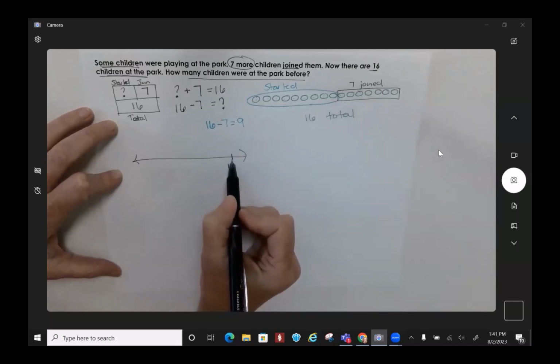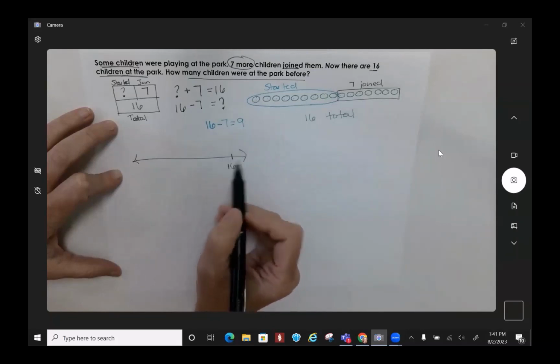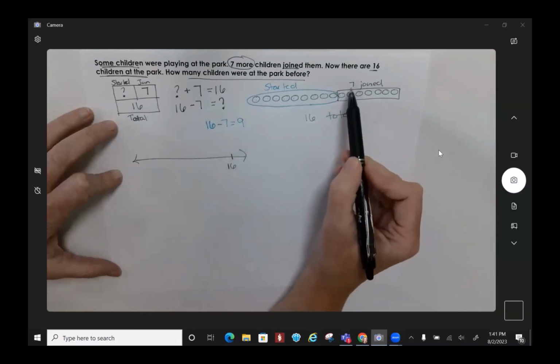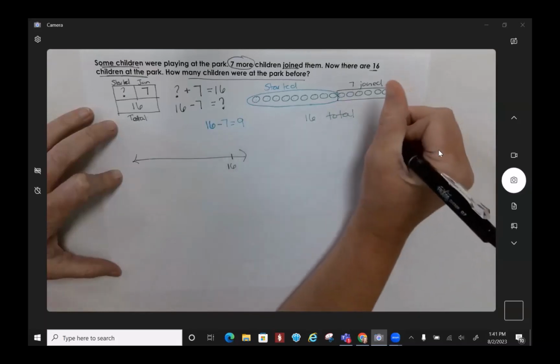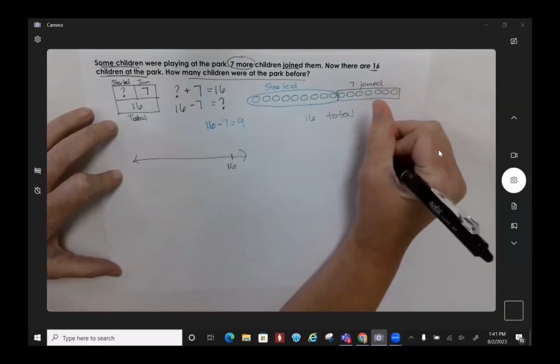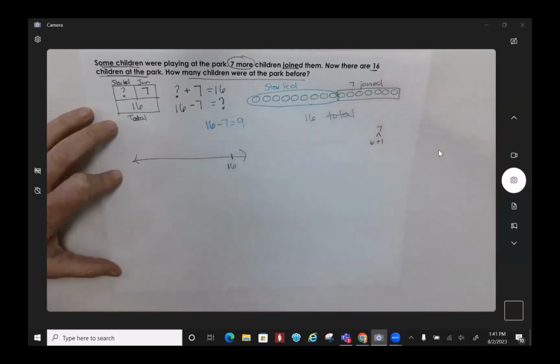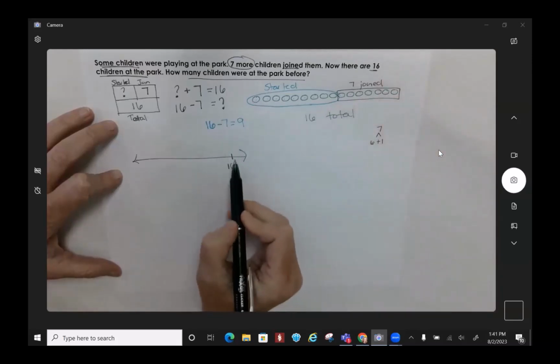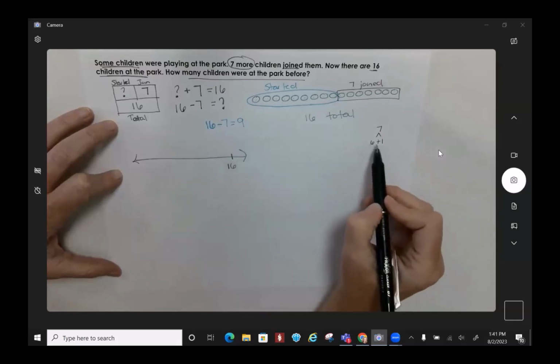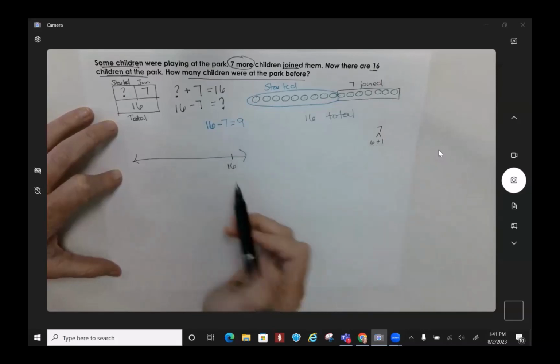In order to jump backwards 7, I'm going to think about how I could decompose to a 10. I know that 7 could be decomposed into 6 and 1, 6 plus 1, right? And I'm going to decompose into 6 plus 1 because that would get me to a 10.